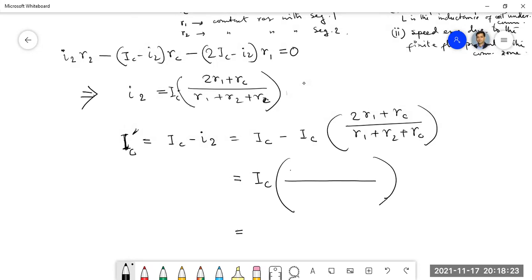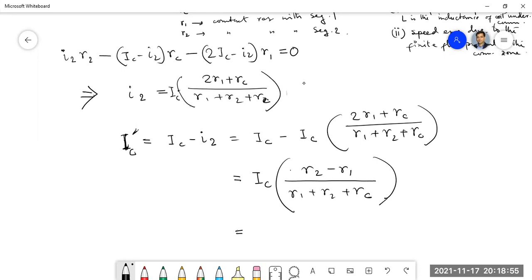One by one, slowly. In the numerator, what will be there? IC into, R2 minus R1. And what is the denominator? It should remain the same, sir. R1 plus R2 plus RC.